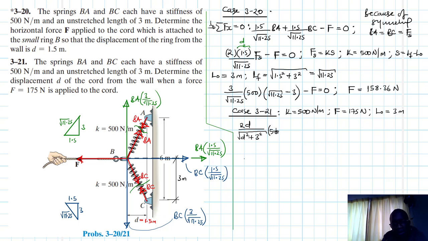So we have 500 times L final, which is just root of d squared plus 3 squared minus 3, and minus F, minus 175, is equal to 0. So like I said, we are using this equation here.